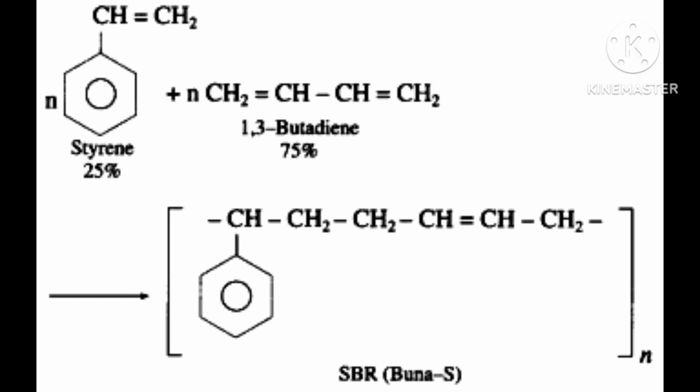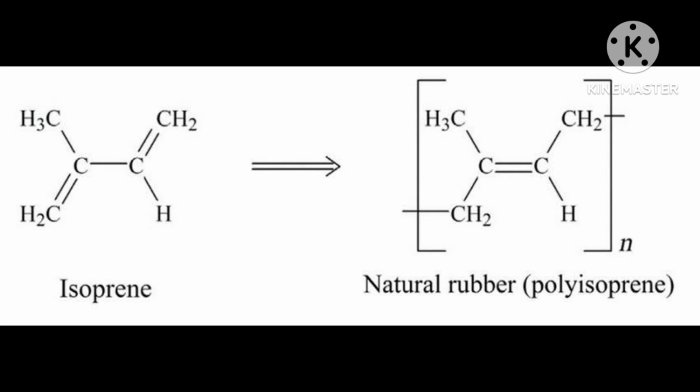In the place of that H, one benzene ring has joined with ethylene. Correct? Then that is called styrene. It means a benzene ring with CH2 joined, then a CH and CH2 double bond is there. That is styrene. This reaction I have already discussed, but now I am telling you again.